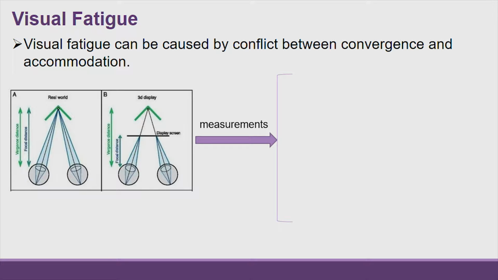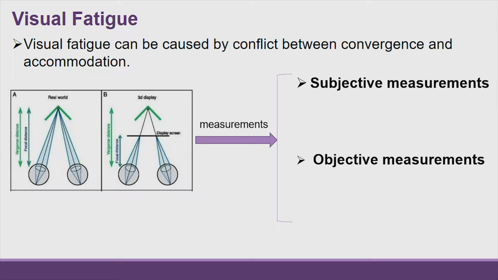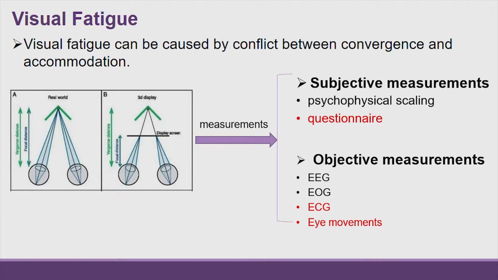In existing studies, there are 2 main measurements. One is subjective measurement, and the other is objective measurement. Subjective measurements contain psychophysical scaling, questionnaires, and others. Objective measurements may depend on the theory of fatigue, so they evaluate the visual fatigue based on physiological signals like EEG, EOG, ECG, and eye movements.